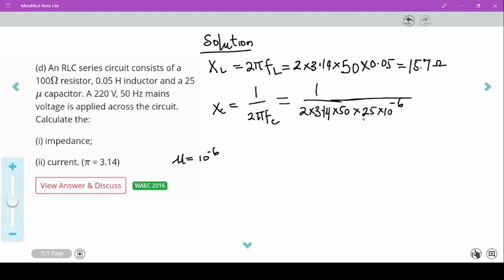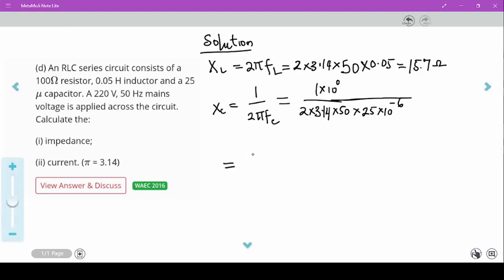So that's what we plugged in here, 25 times 10 raised to the power of minus 6. I like to make my 10 raised to the power minus 6 go up as the numerator. The principle for that is that this one here gets to be multiplied by 10 to the power of 0. And we know that when indices of the same base are dividing, the powers are subtracted. So we have 0 minus minus 6, making it 10 raised to the power of positive 6.